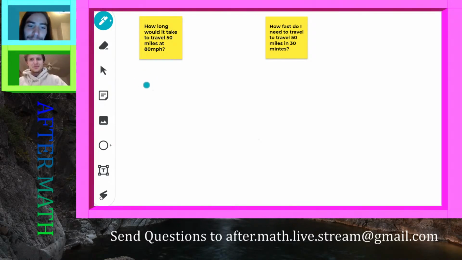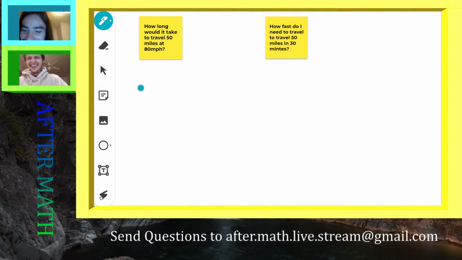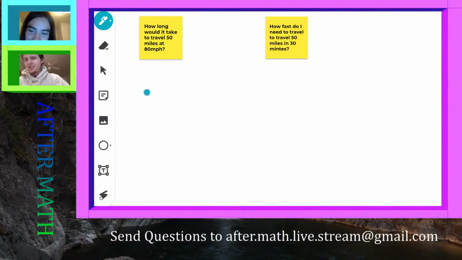Sure. So starting out, how complicated do we want to get here? Let's start not very complicated, so like distance equals rate times time, and then we can add a little more complexity to this.